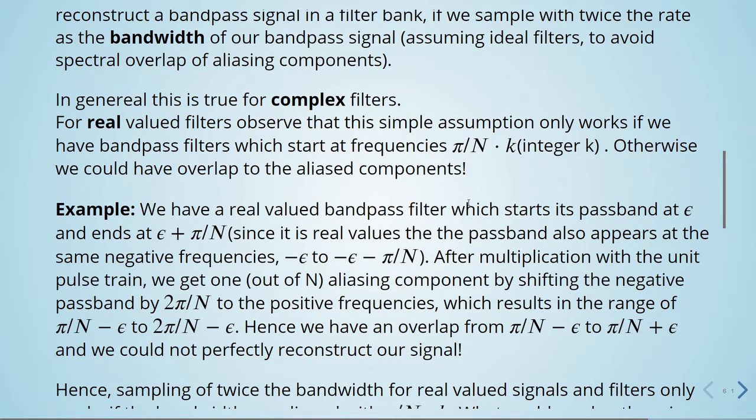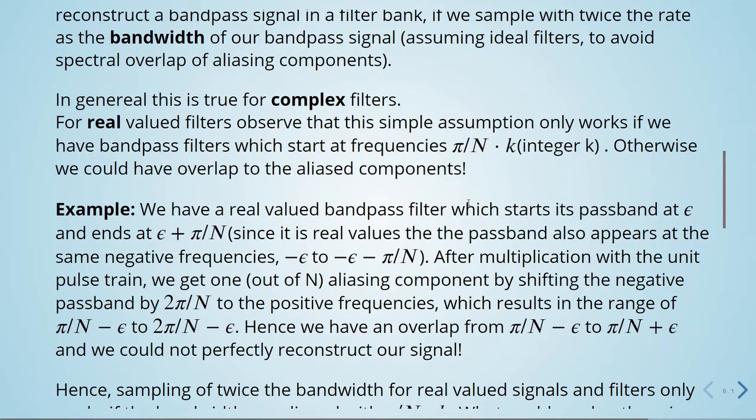We have a real valued bandpass filter which starts its passband at epsilon and ends at epsilon plus pi divided by capital N. Since it's real valued, the passband also appears at the same negative frequency. So we always need to consider the negative frequency.